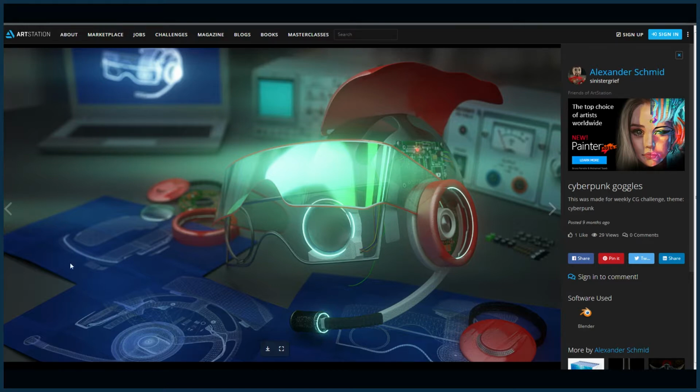Yeah, and sometimes there are situations where you would want to decrease certain emission values to adjust the lighting so it is slightly less standing out, like with this monitor in the back where the blueprint of the goggles is on. If you darken the entire scene, it's going to stand out even more. So you would need to lower the emission on that by quite a bit, so it's not overpowering.